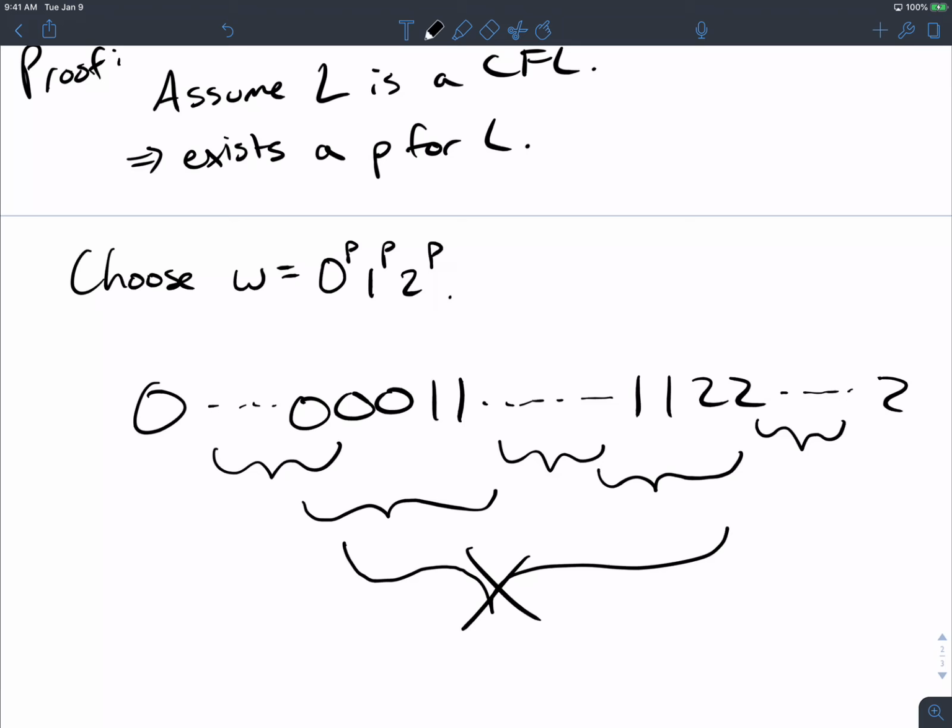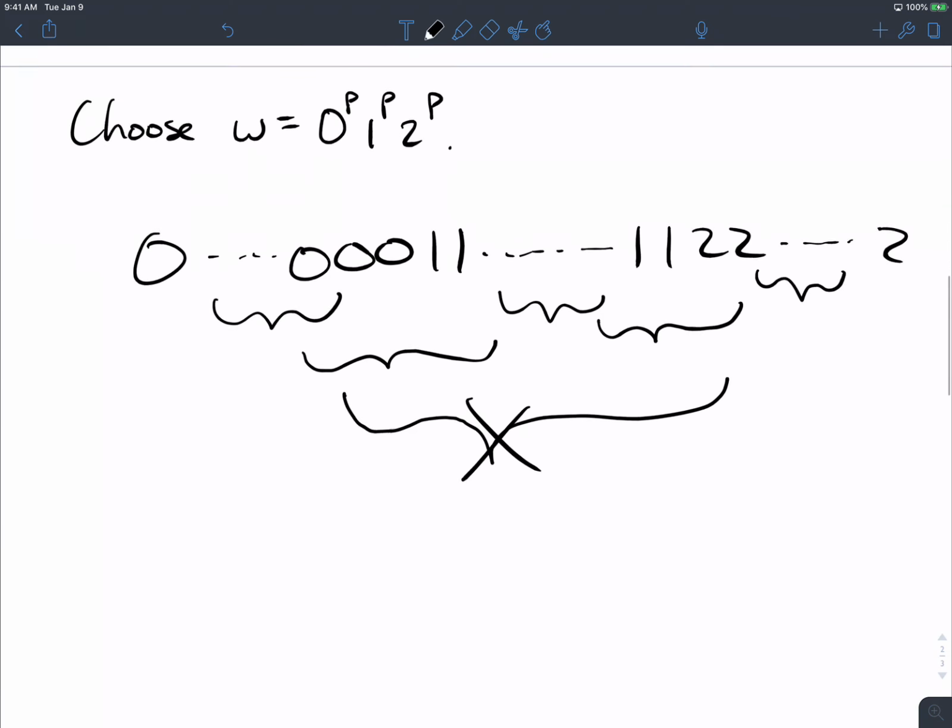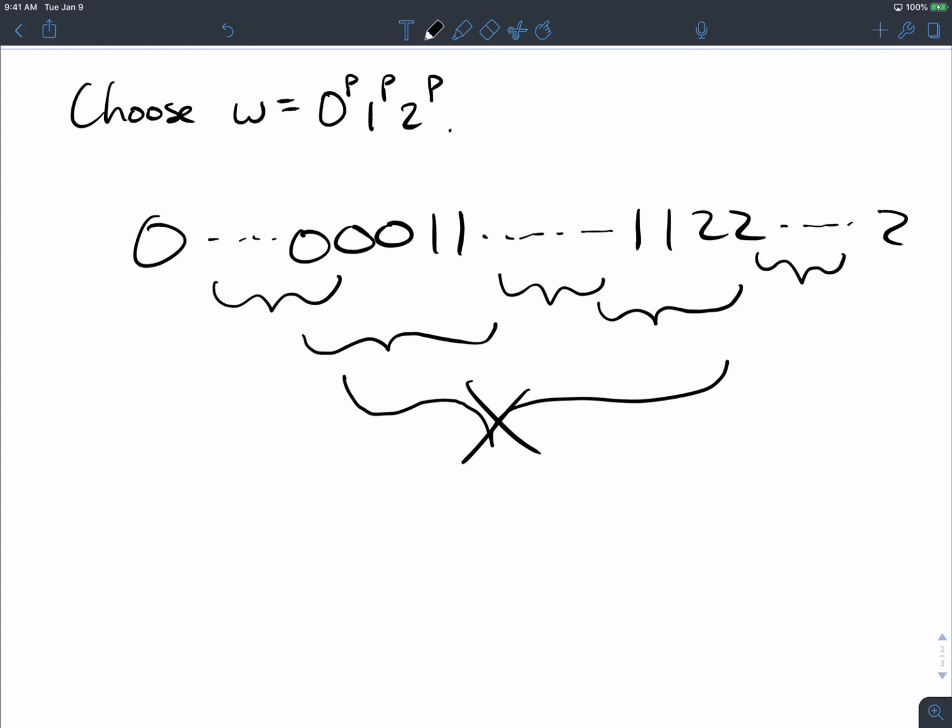What if we pumped in the 0s and the 1s? So the 4th case here, where we have some 0s, some 1s. Well, the number of 0s and 1s is obviously going to go up, but the number of 2s doesn't. So it leaves the language. And same scenario for the 1s and the 2s, because if I put more of 1s and 2s in, the number of 0s stays exactly the same, and therefore we leave. Cool. So that's actually it.